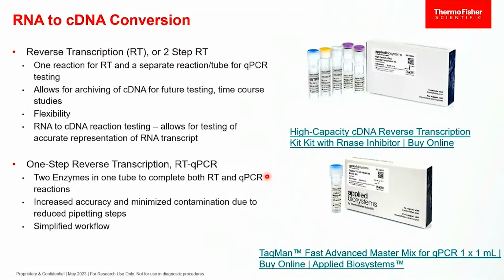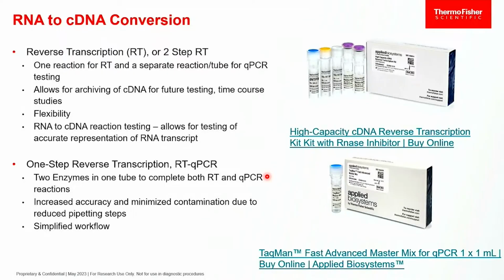So there's basically 2 camps of this. Again, we have lots of options in science, but really we want to start and say, how do we want to do this? You can do it in 2 steps and say, I've got RNA, I'll make cDNA, I'll put it away, and I'll do the rest of my experiments when I'm ready. That's 2 steps, right?